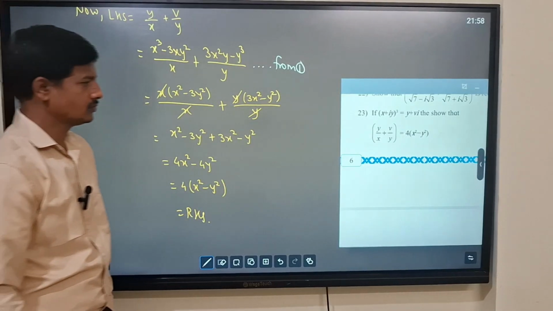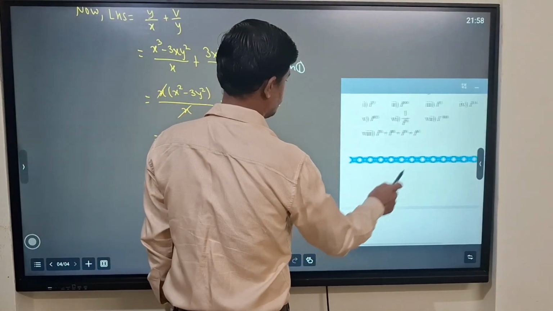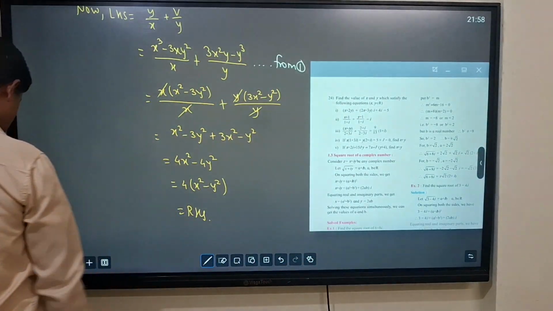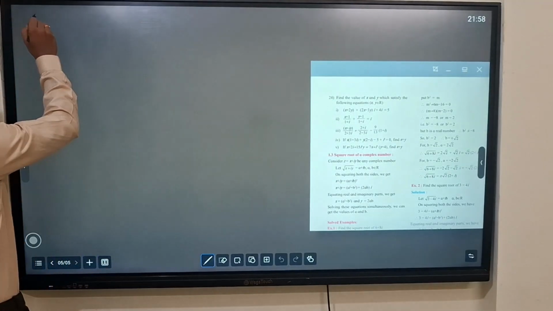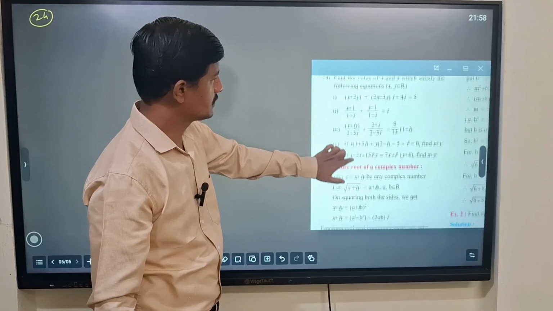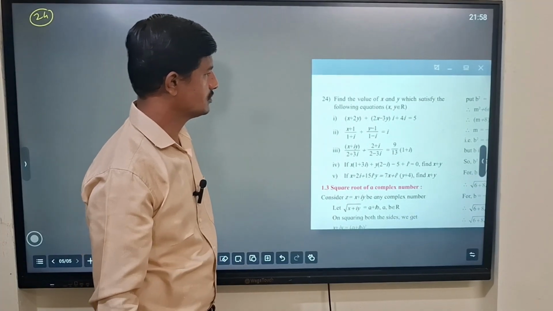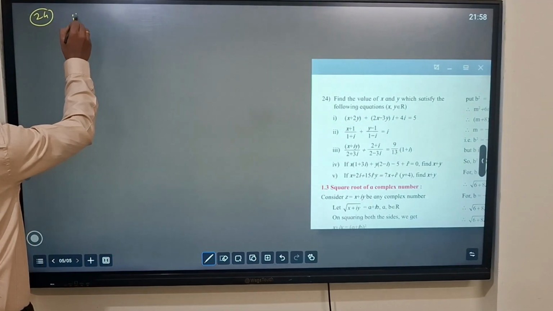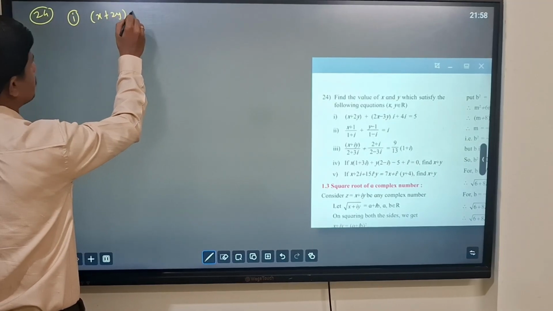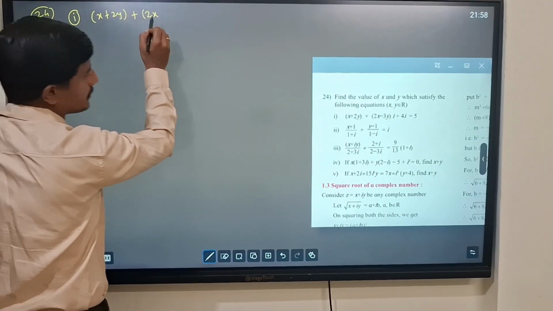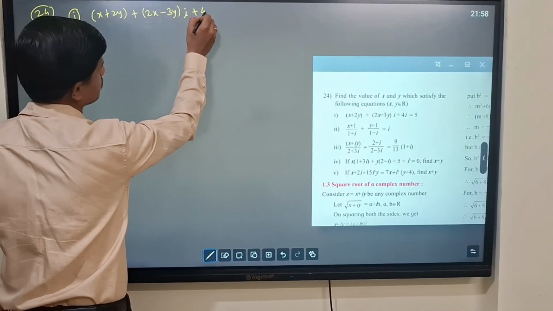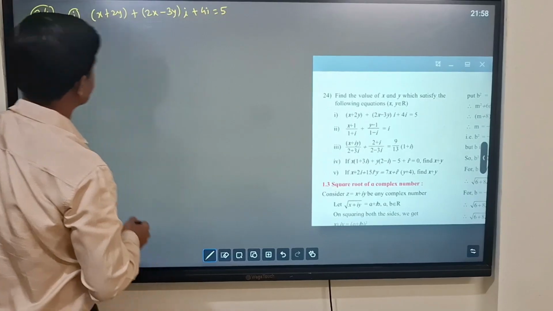Okay. Now next question, 24th. Question is what? Find the value of x and y which satisfy the following equation: x, y belongs to real numbers. x plus 2y plus 2x minus 3y i plus 4i equal to 5.